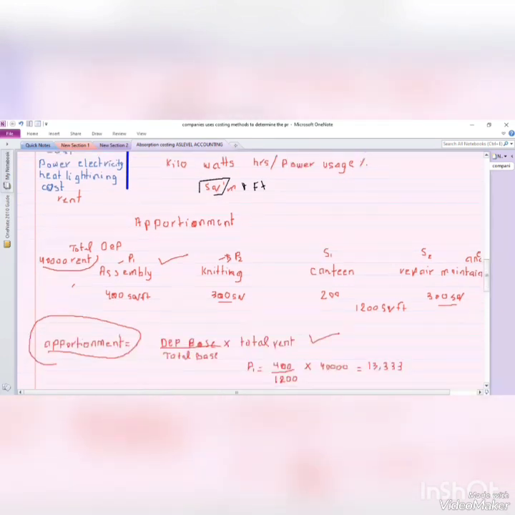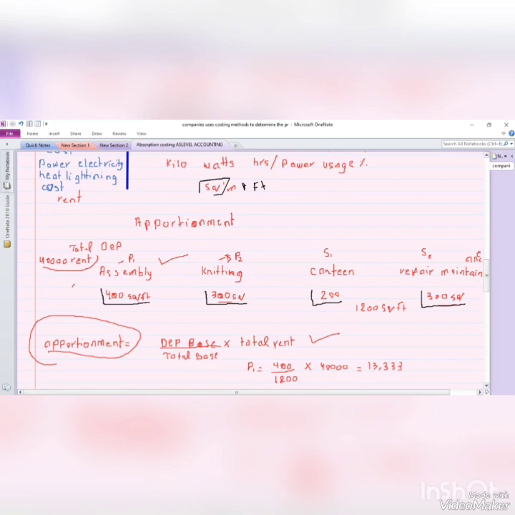Maybe the examiner would tell you that the assembly department captures 400 square feet. The knitting department, meaning the stitching department as per our example, captures 300 square feet. The canteen department captures 200 square feet. And the repair and maintenance department captures 300 square feet.